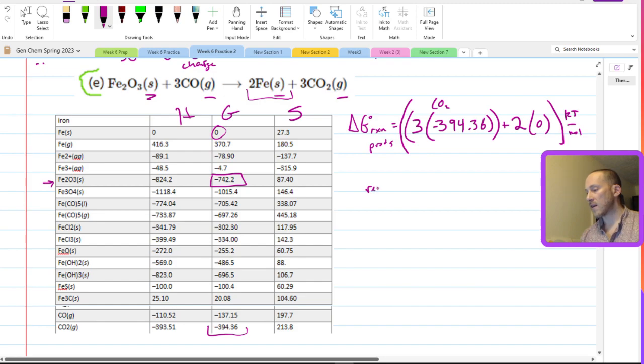And then our reactants, I'm just going to do this one vertically. We're going to subtract. And reactant-wise, we have only 1 times our Fe2O3 solid, which is negative 742.2. And we're adding that to our carbon monoxide right here, which we have 3 of.